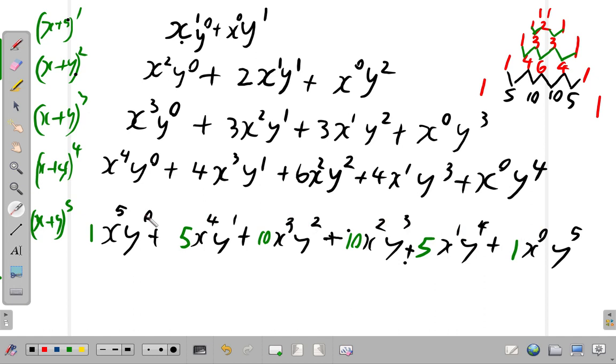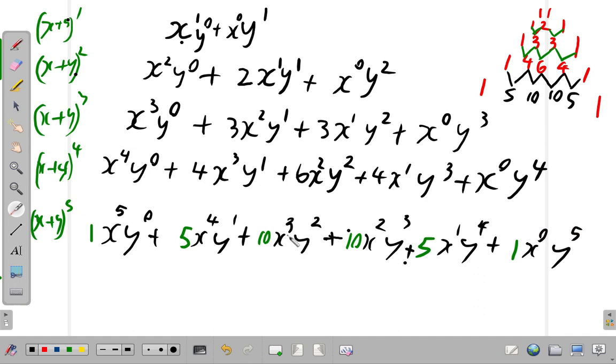And the power of y started at 0 and went up each term by 1: 0, then 1, then y to the 2, then y to the 3, then y to the 4, then y to the 5. And you notice that when you add the power of x and y, you get the same number, 5. 5 plus 0 is 5, 4 plus 1 is 5, 3 plus 2 is 5, 2 plus 3 is 5, 1 plus 4 is 5, 0 plus 5 is 5.